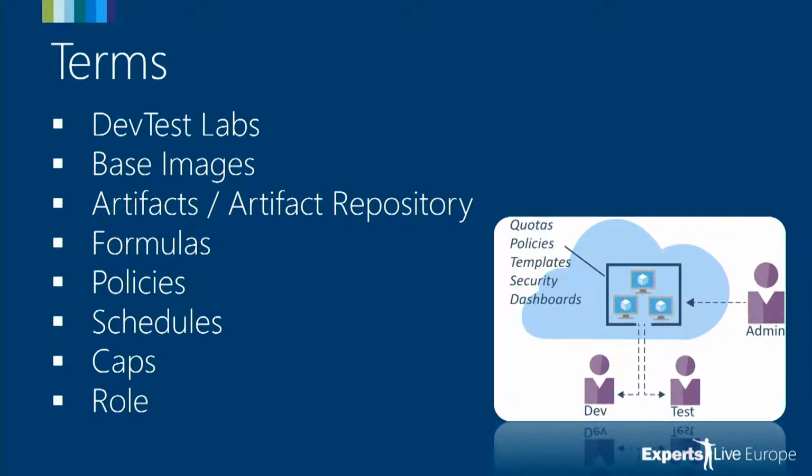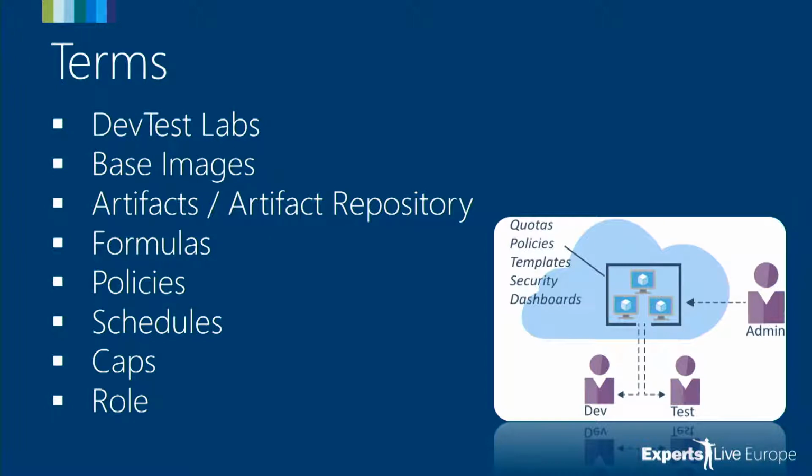Schedules, I mixed it up, are the things you define for starting and shutting down the VMs. So in the morning, let's say you have a workshop, and it starts at 7:30, so you set the schedule to 7 o'clock, and then it will start up the VMs, and in the evening, when it's finished, maybe at 6 o'clock, you define a schedule, so 6:30, all VMs should shut down in this lab.